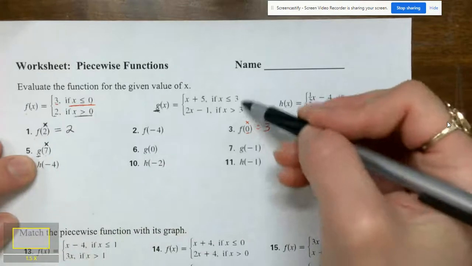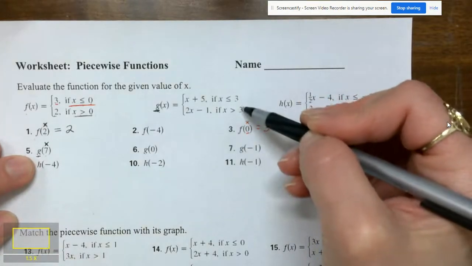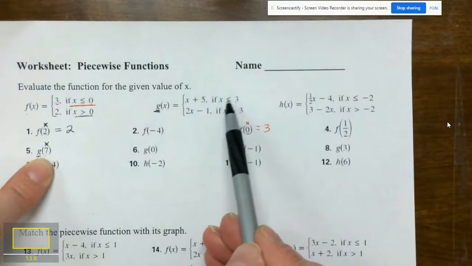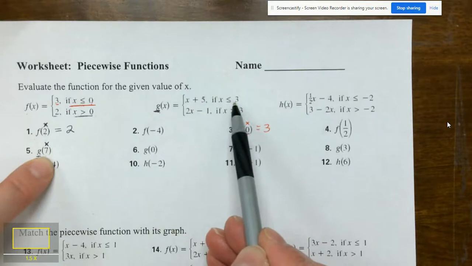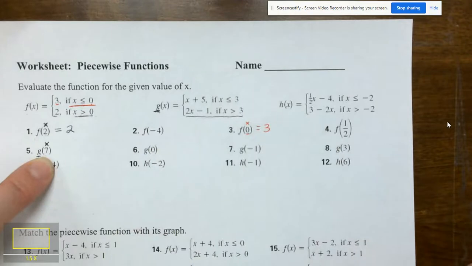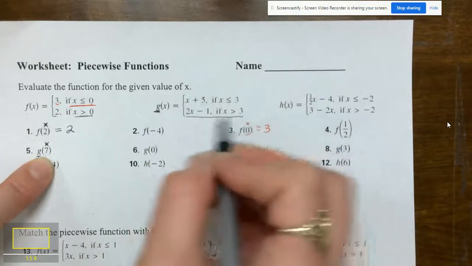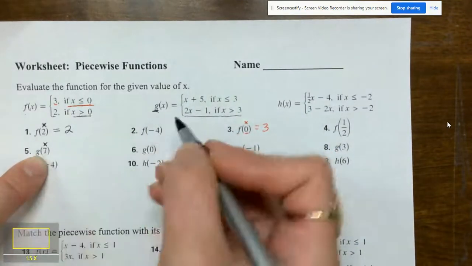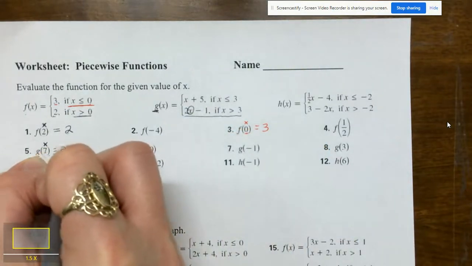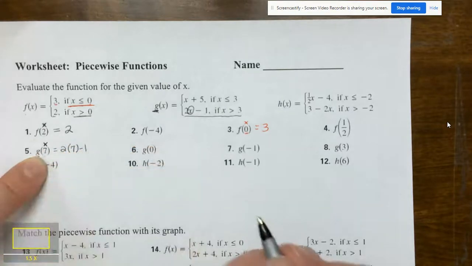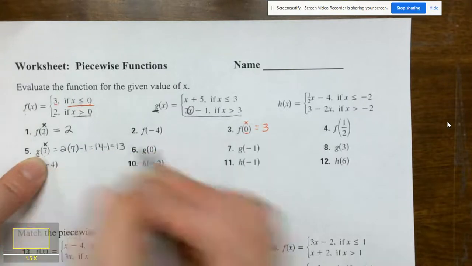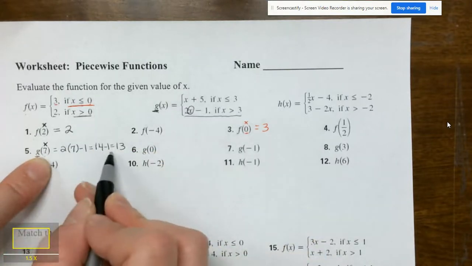This one says x is less than or equal to 3. 7 is definitely not less than 3. 7 is greater than 3, so I'm using the bottom one. I'm going to plug this 7 in for x, so that's 2 times 7 minus 1, which is 14 minus 1, which is 13. So your answer for g of 7 is 13.